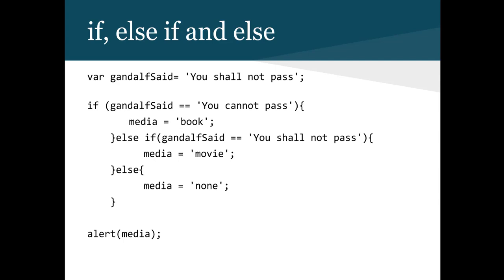If Gandalf said is neither of those items, then we know that we don't have Lord of the Rings, and we'll just say none, because that media doesn't exist. So here we're checking against one condition, we're checking against a different condition, and if neither of those conditions are true, then it defaults to the else.